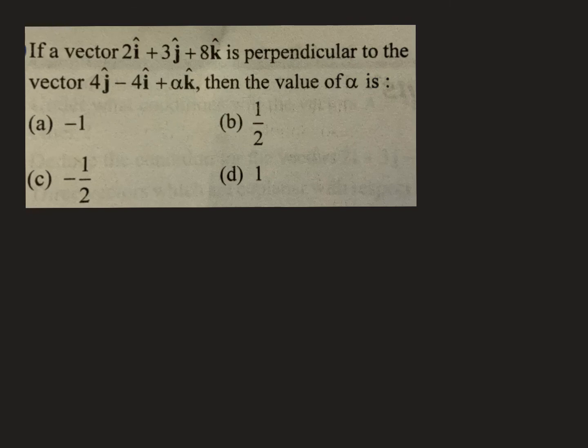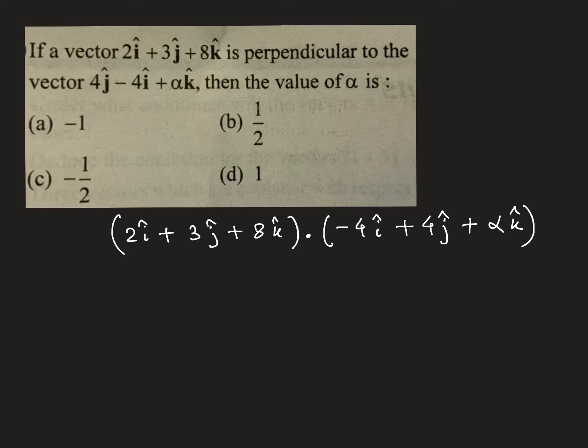If vector 2i plus 3j plus 4k is perpendicular to this 4j minus 4i plus alpha k, then the value of alpha is, so their dot product is 0, perpendicular. So that means 2i plus 3j plus 8k dot, we will arrange the i, j like that, minus 4i plus 4j plus alpha k is equal to 0.